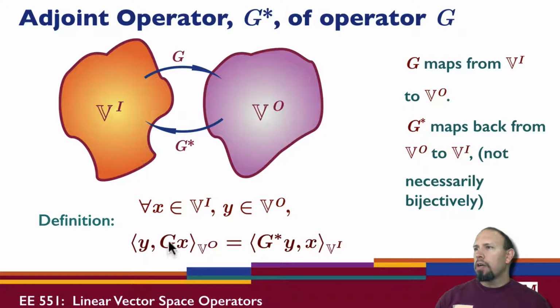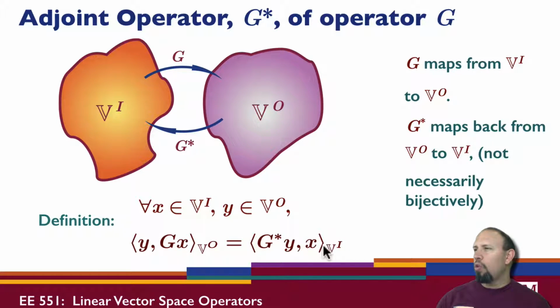Since G maps from input to output, G times X is in the output space. And so here I have an inner product on the output space between Y and G times X, where G is operating on something from the input space.